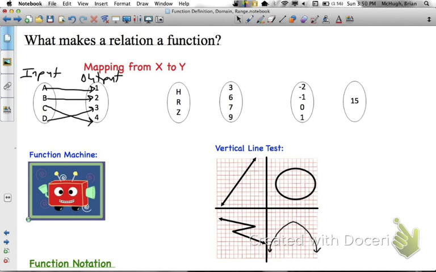You might see something like H relates with 3, maybe R goes with 7, and maybe R also goes with 9, and Z goes with 6 is an example of a relation between this first set and the second set. Notice that the number of letters in the first set here is less than the number of numbers in the second set.